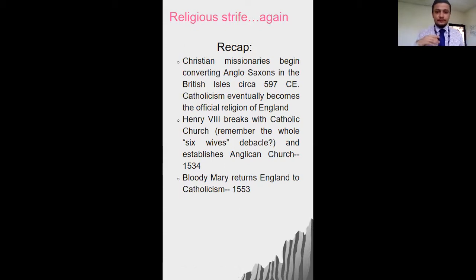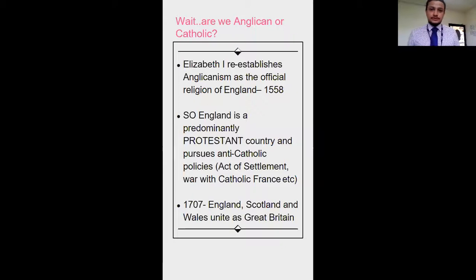So we're moving from Catholicism to Anglicanism, and it varied from king to queen in the period. So the question is, are we Anglican at this point, or are we Catholic in England?